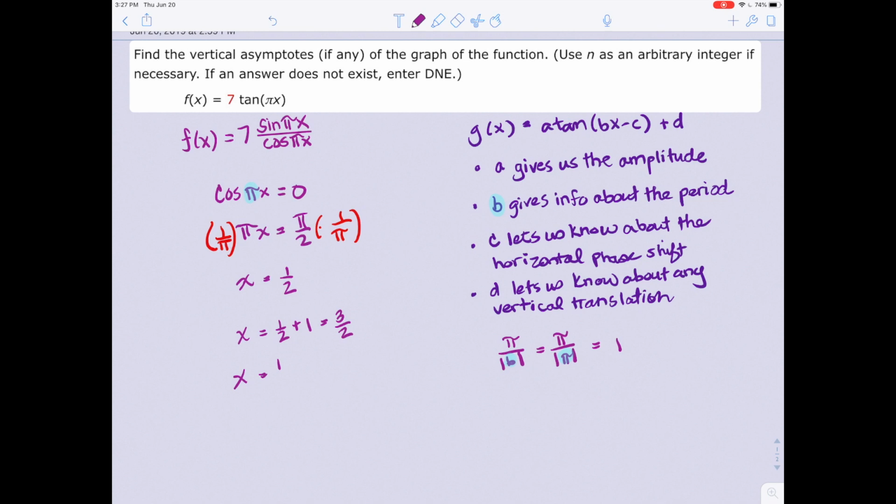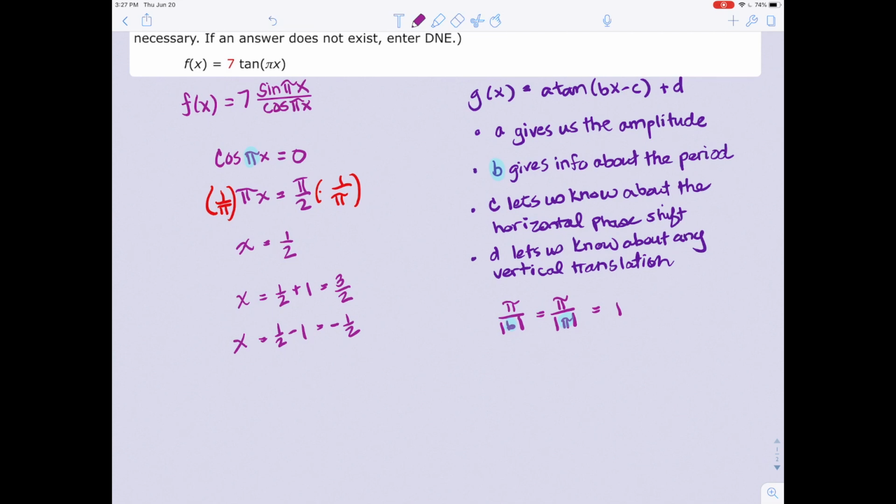How about 1/2 minus 1? That would be -1/2. So what's the trend here? Beautiful.